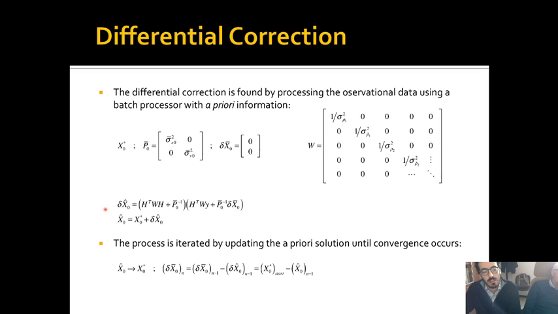You estimate the state deviation, and so you can update the state with this deviation that you have just computed. So you run again the filter with the updated initial condition, that is the original one plus the deviation that you have just computed, and you iterate the filter this way, every time updating the reference solution, the reference trajectory, remember the linearization point, until you reach convergence.